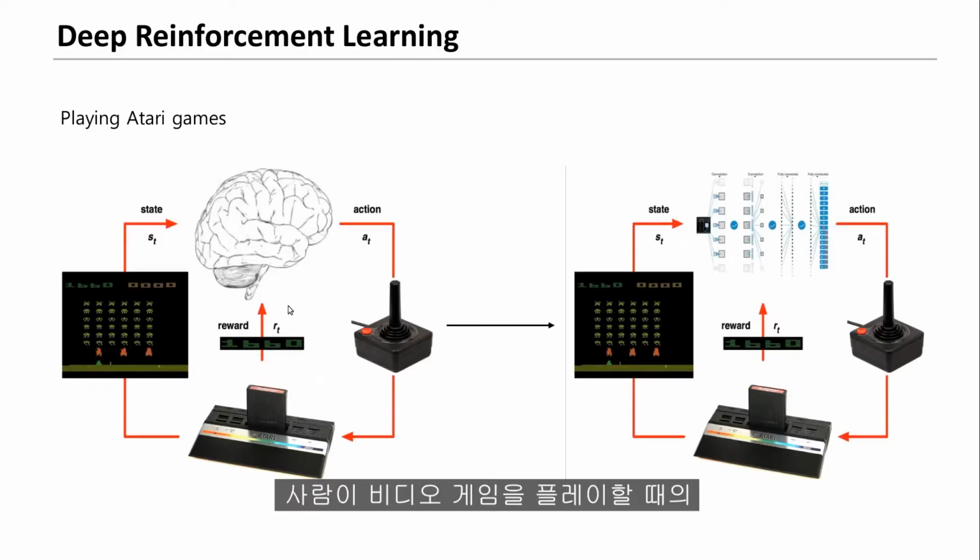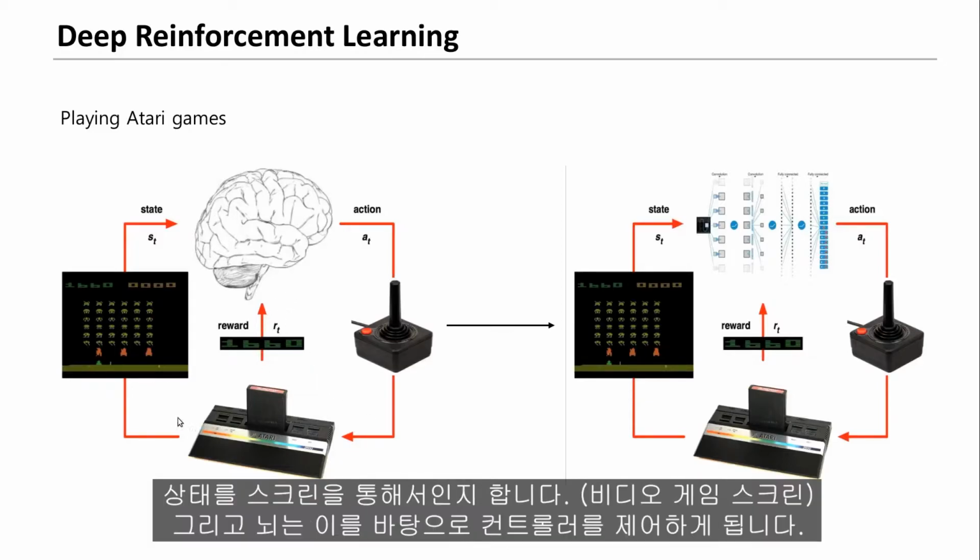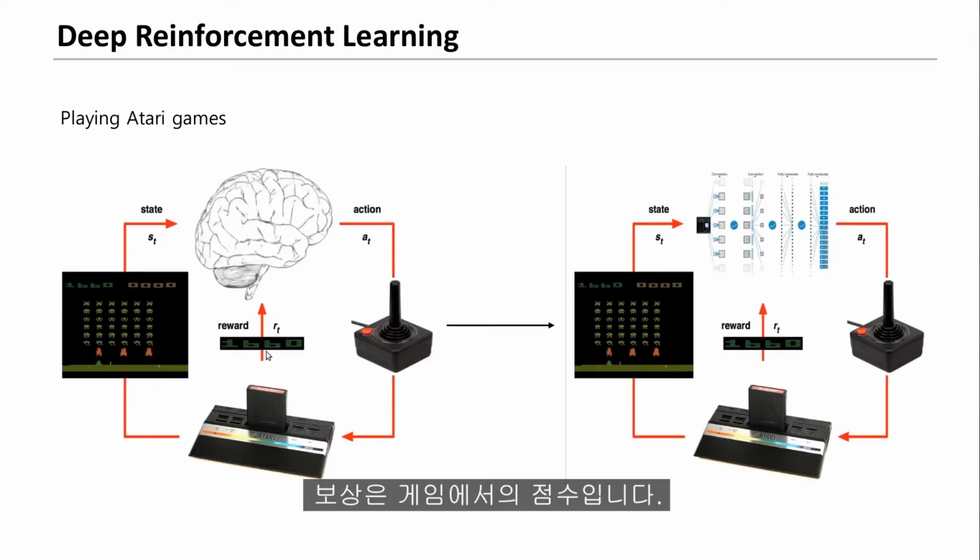When you're playing a video game as a human, you watch the game state, that is the video game screen that you see, and your brain chooses which action to take on the controller. And your reward is based on the score in the game. Something that makes sense.